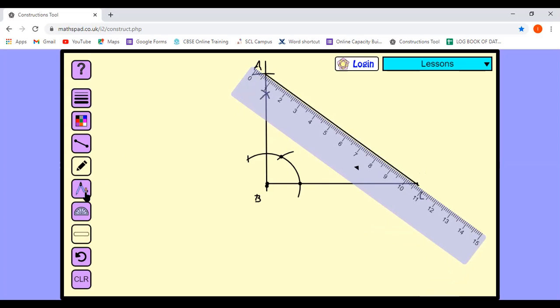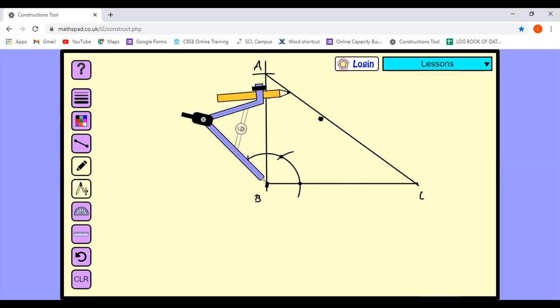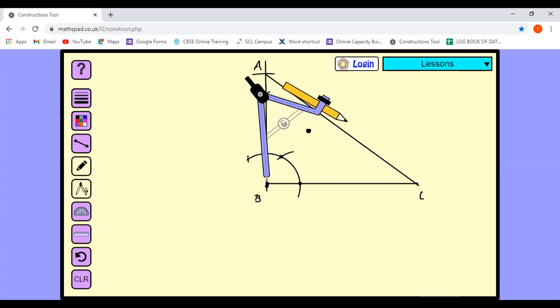Now we have to draw D, isn't it? Perpendicular from B. It's given perpendicular, not perpendicular bisector. So how will you draw perpendicular from B to the side? Now from B, what we are going to do is draw an arc.